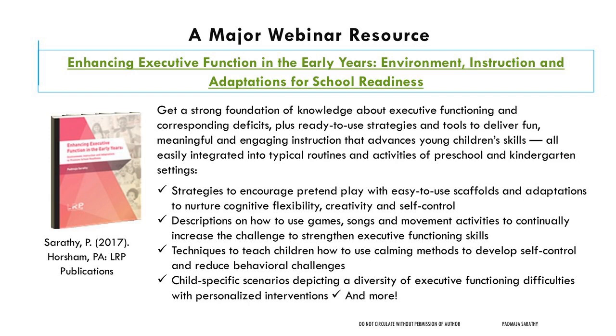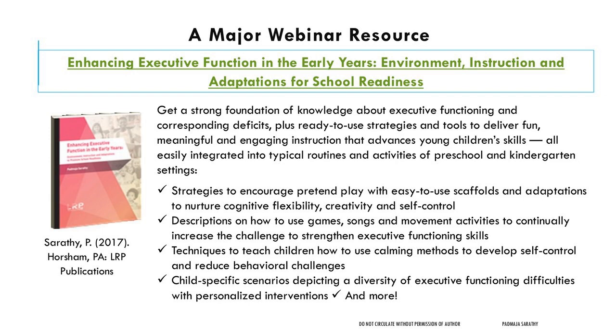In my book on executive function, which is where a lot of the material for today's presentation comes from, I have all the three components as well as many other ideas. And one of the important things that I have added is, as I mentioned earlier, how do we incorporate games and songs and movement and role play and storytelling, visuals, all of those tools and techniques that can be very easily incorporated in pre-K, kindergarten, first grade setting, or as a matter of fact, in any learning setting, especially at the elementary level.